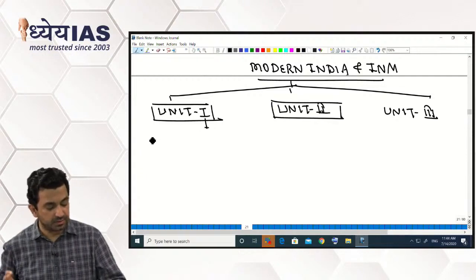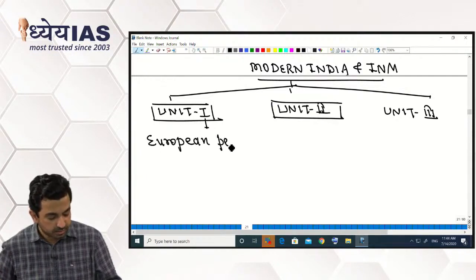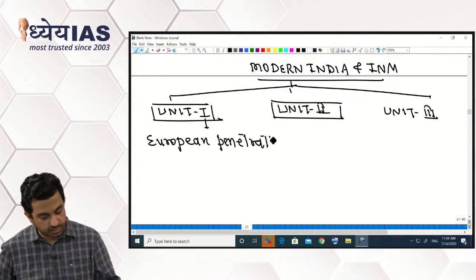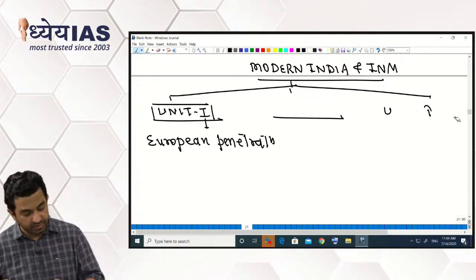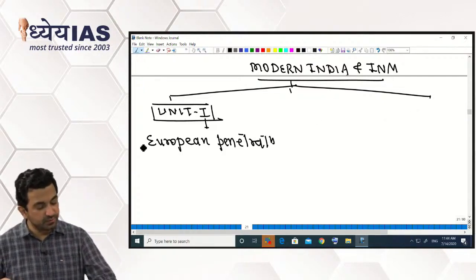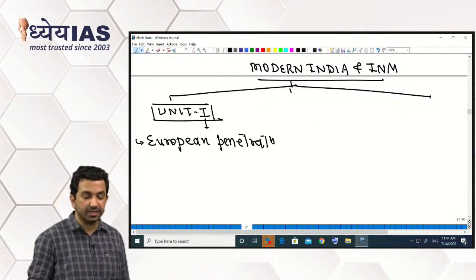which includes the European penetration. So let's discuss Unit 1 first. What do we have to study under Unit 1?